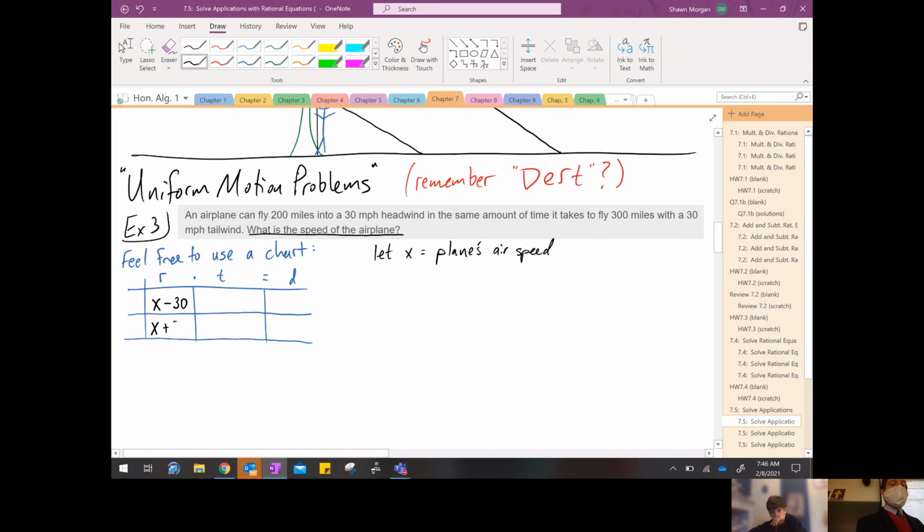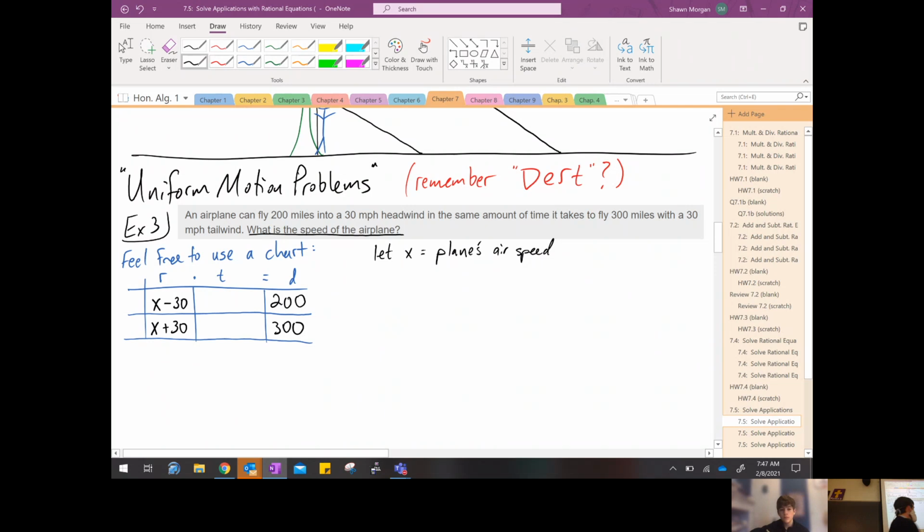Good. x plus 30. It says in the same amount of time that it takes to fly 300 miles. So I know all the distances, 200, and the other distance is 300.